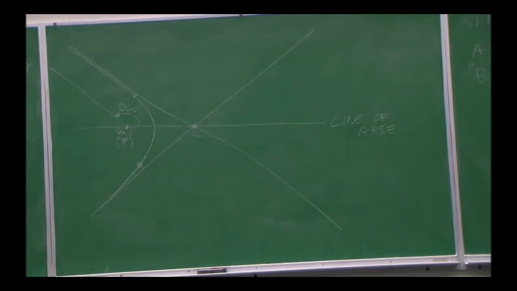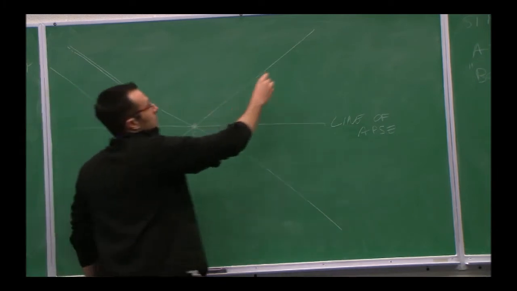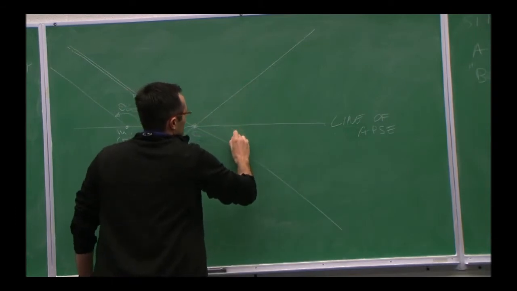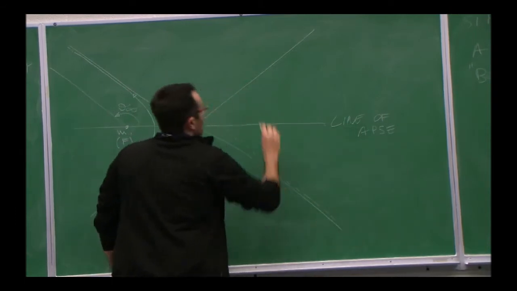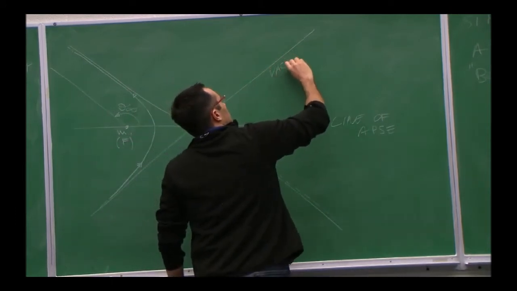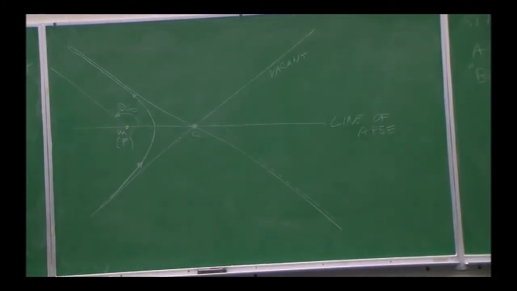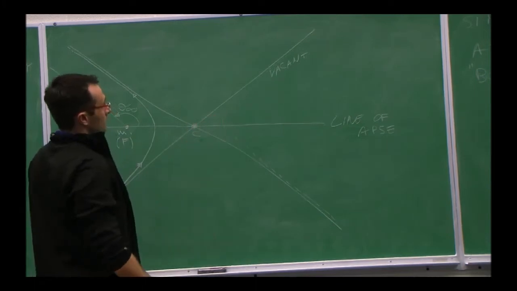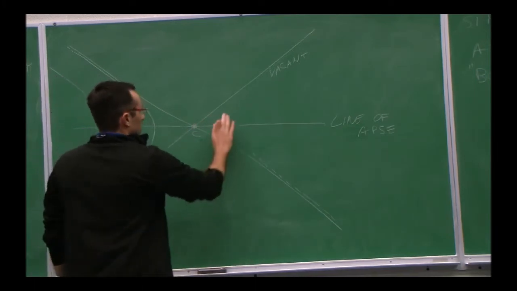Now, if you actually plot this expression for all values of theta, you do get a vacant branch on this other side, a symmetric line where, of course, there is nothing. A satellite cannot travel on two different branches of the same hyperbolic path. It doesn't make any physical sense. But we still plot it there to define a few quantities. So this should be symmetric. Really doesn't look like it, but that's the idea.